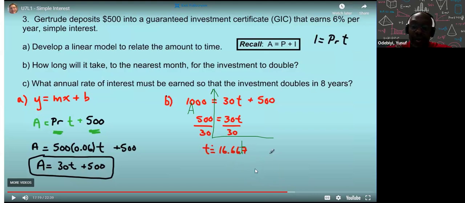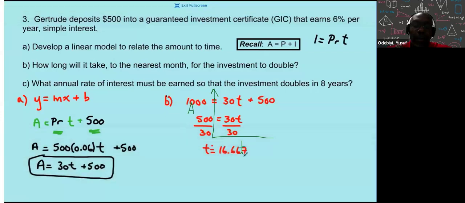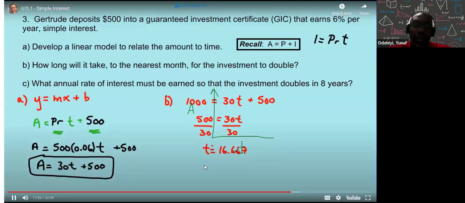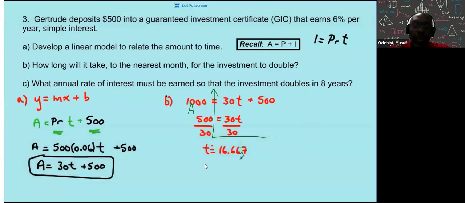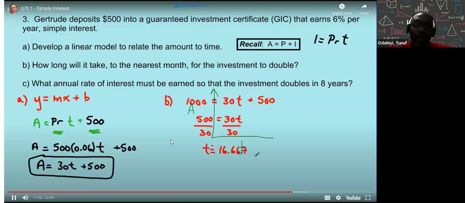16.7 years. Okay. I need to figure out how long this is to the nearest month. Well, 16.6667, 6 repeated. Well, that's 16 years plus a chunk. So I know it's going to be 16 years plus some chunk of a year. And if you know your fractions very well, 0.666 repeated is 2/3.